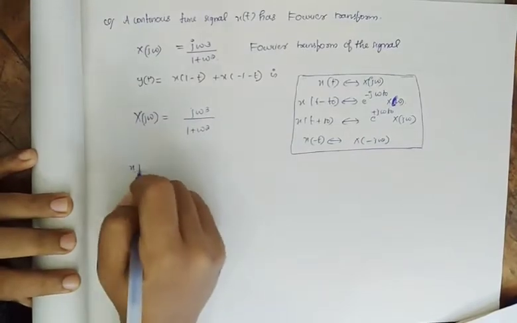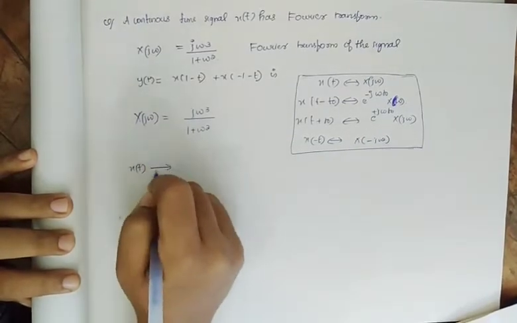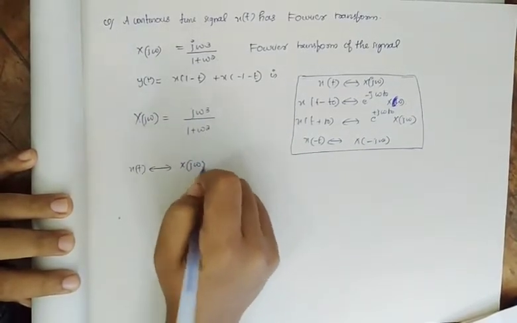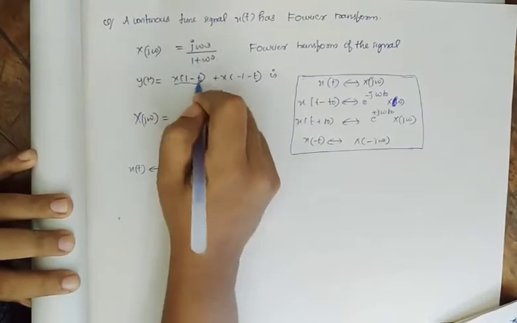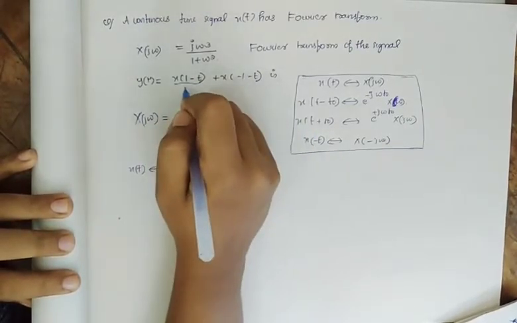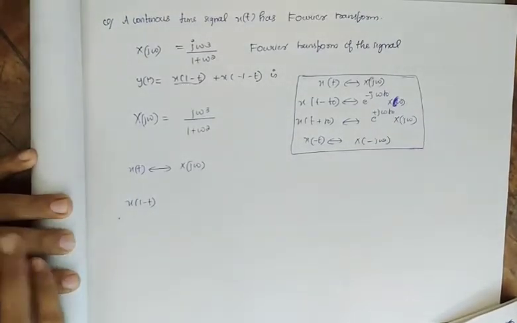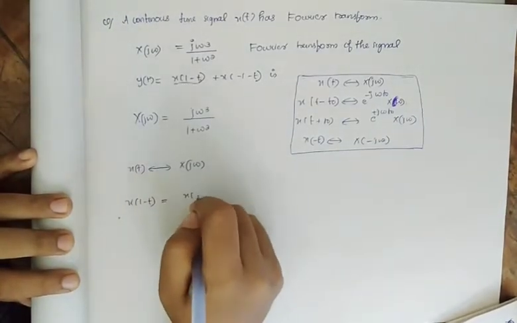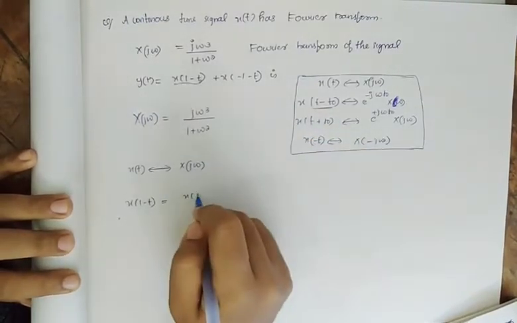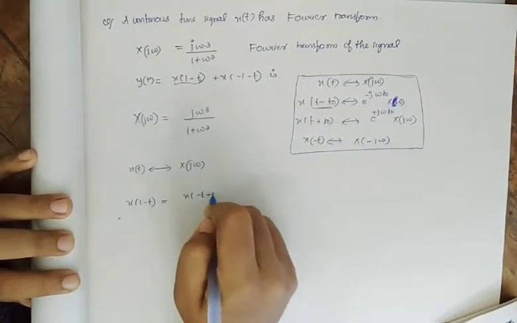So x of t, in this problem also, has a Fourier transform of X of j omega, but we have to take these two, that is x of 1 minus t. What will happen if x of 1 minus t is taken? I'm just going to rearrange it and write it in this format, so that will be minus t plus 1.